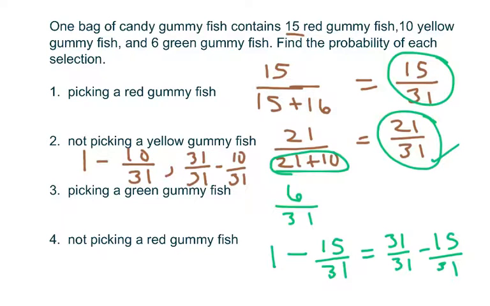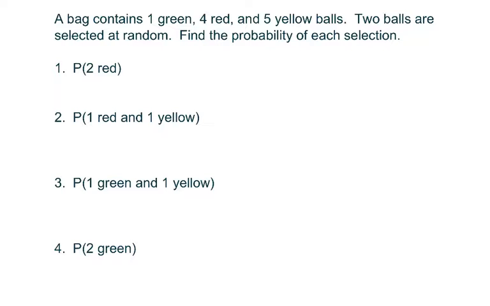So just a basic intro to probability. Now we are going to get into a video on multiplying probabilities, and so we're going to do some easy ones on the next slide here.